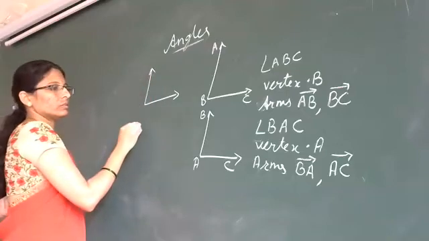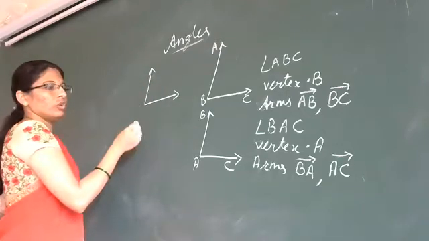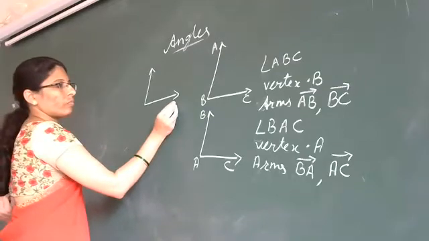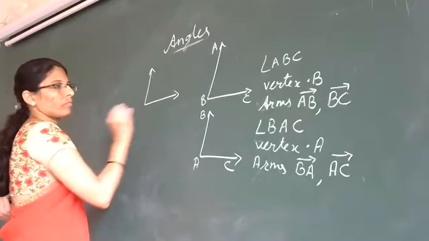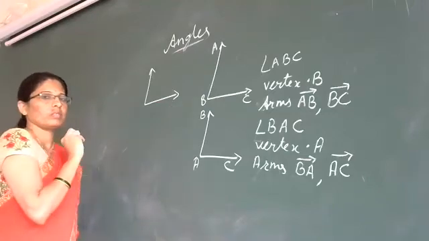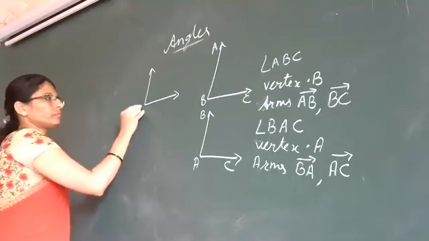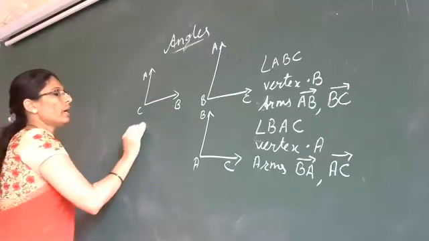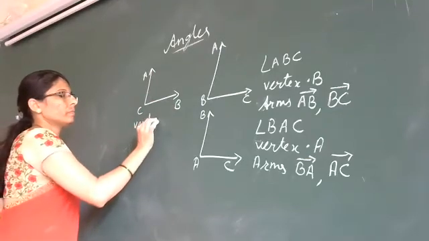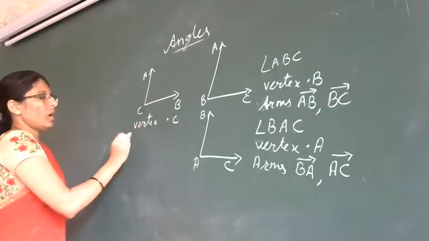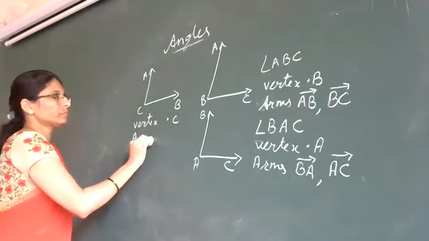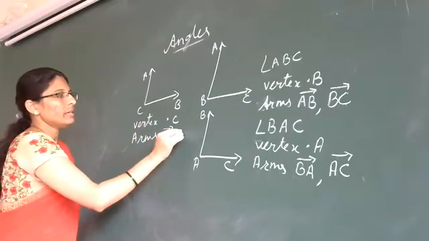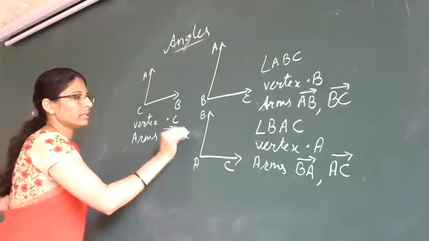Ma'am, C should be the vertex. So vertex is C. Arms are AC and BC.